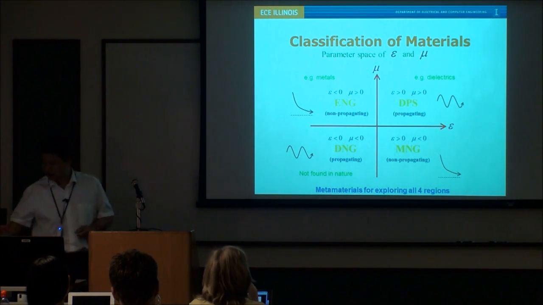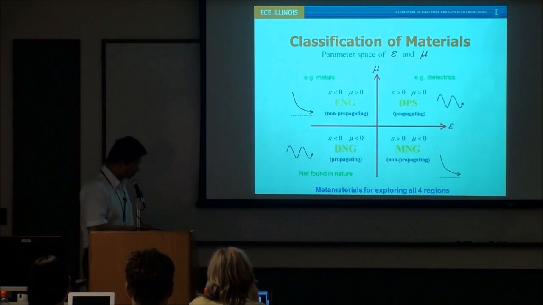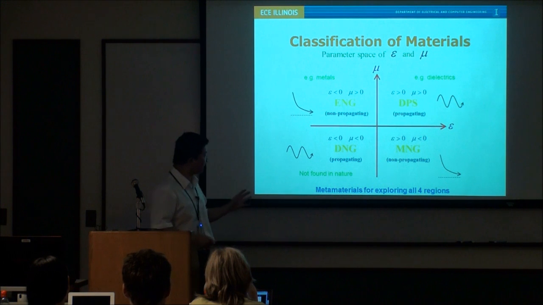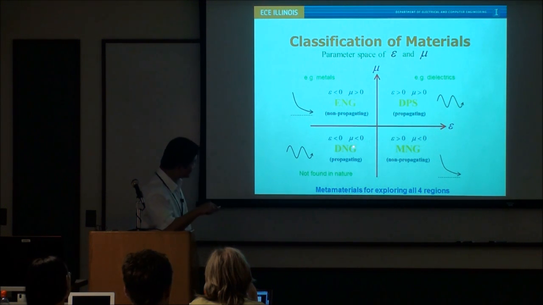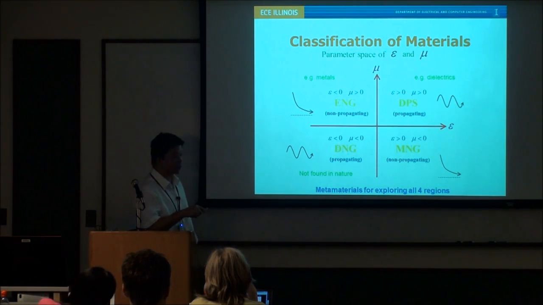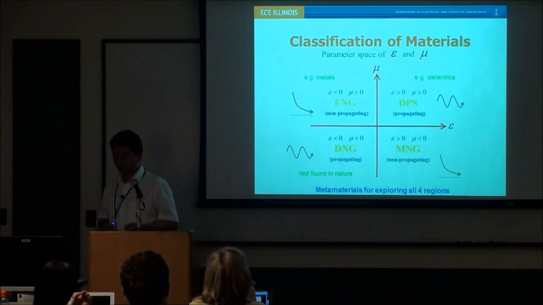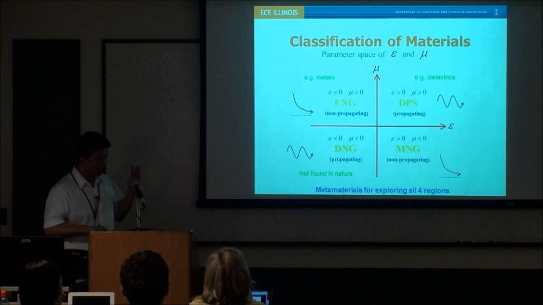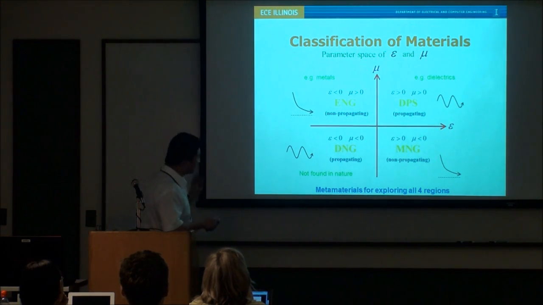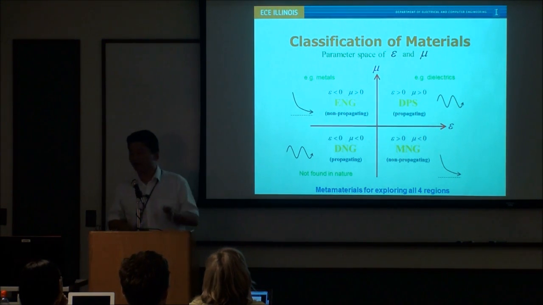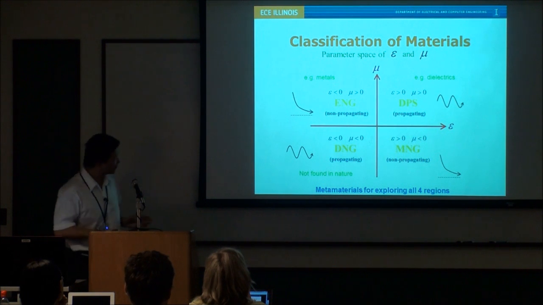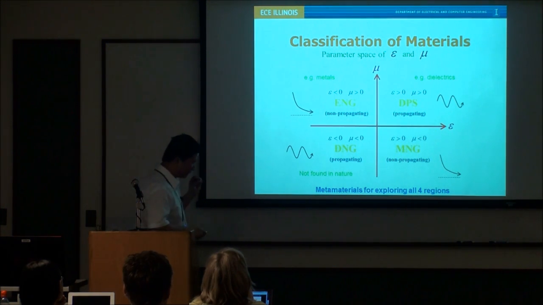So then let's discuss something that's not found in nature, which is something we want to create for metamaterials. That is the double negative material, which has both negative epsilon and negative mu. Okay, in this case, you could also have a propagating wave. That's very exciting.